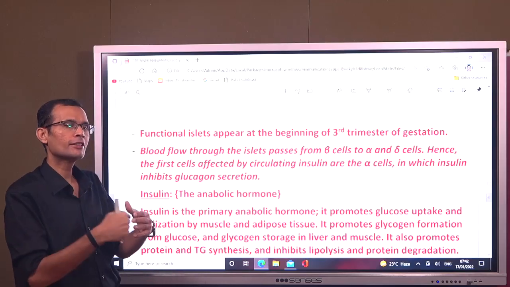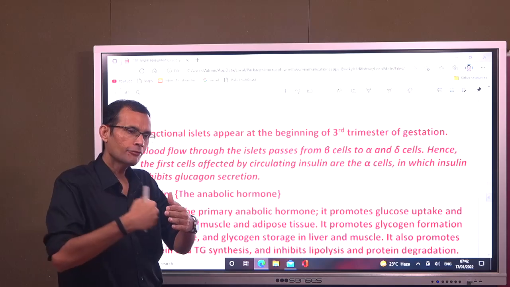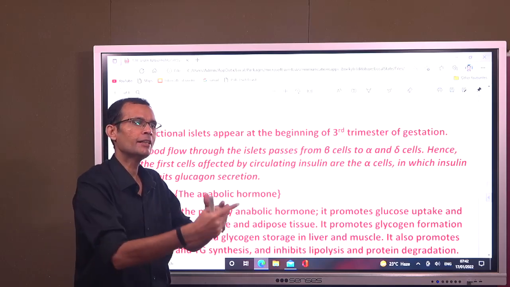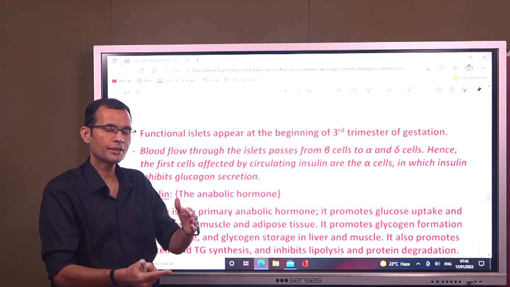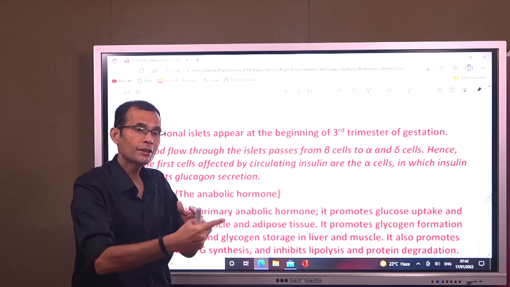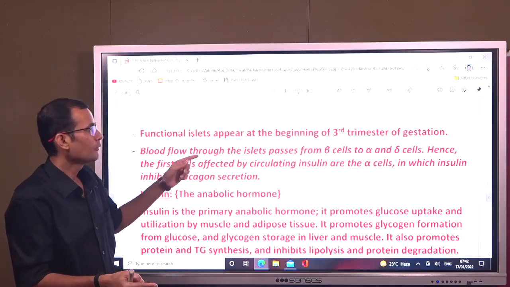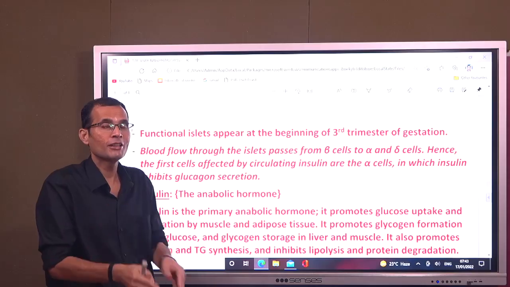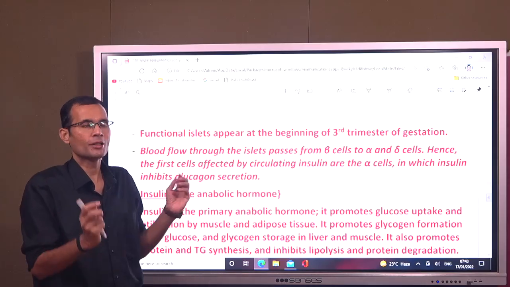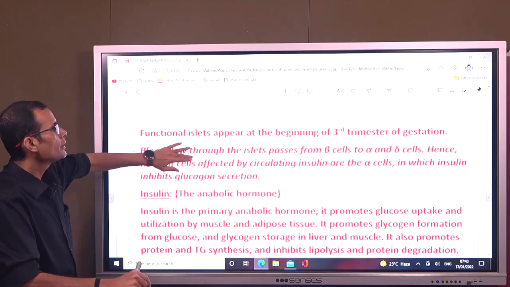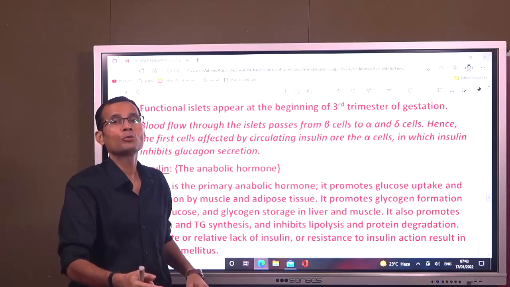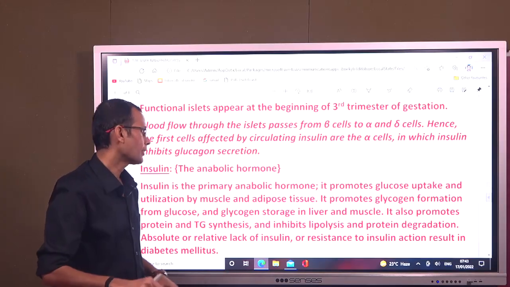The blood flow is such that it first goes to the beta cell and then to the alpha and delta cells. So the beta cell has synthesized and secreted insulin. It will then go to the alpha cell. Therefore, the alpha cell will be the first cell to be affected or acted upon by the insulin. Insulin inhibits the glucagon secretion from the alpha cell.